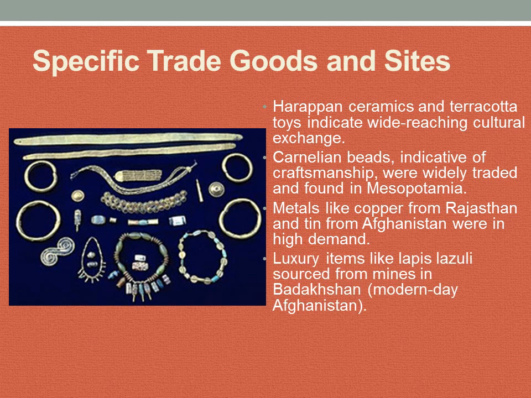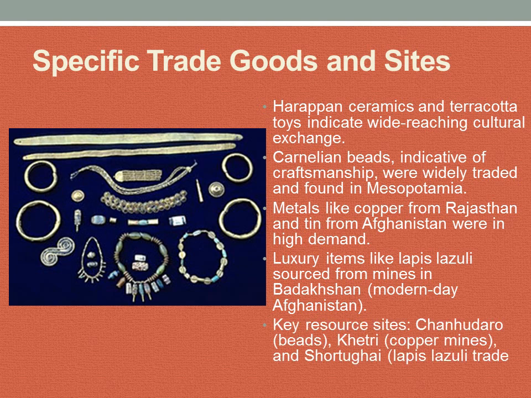Luxury items were there, such as lapis lazuli sourced from the mines in Badakhshan, which is in modern day Afghanistan. So lapis lazuli is one of the most important luxurious items from the Harappan culture, which has been found in the archaeological layers of Mesopotamia and Oman also.